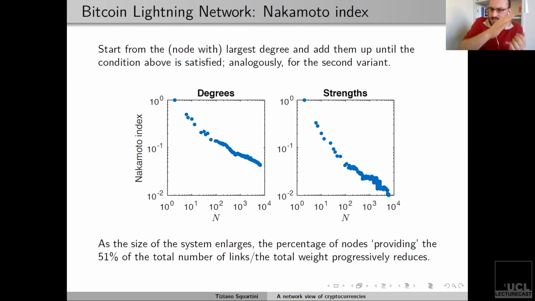So we found this decrease of the Nakamoto index as a sort of indication that some hubs are appearing as the system increases.